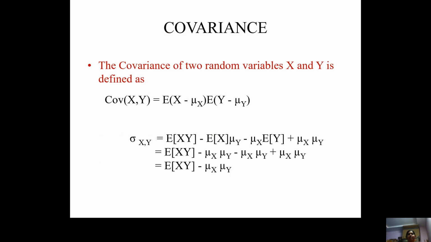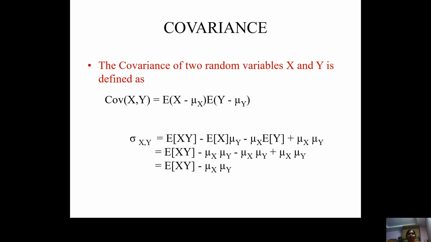Next, coming to the covariance. The covariance of two random variables x and y is defined by the formula, Cov of xy, equal to the expectation of (x minus mu x) times (y minus mu y). This covariance is generally denoted by sigma square x comma y, equal to expectation of xy minus expectation of x mu y minus mu x expectation of y plus mu x mu y.